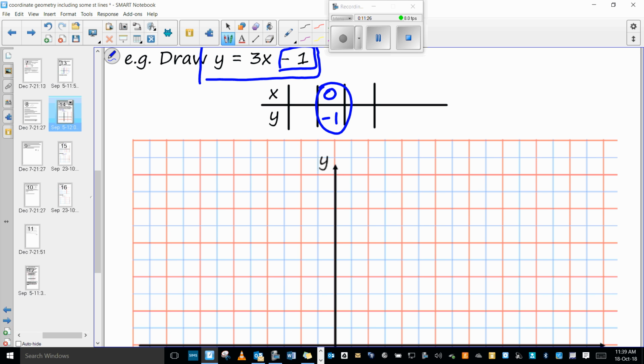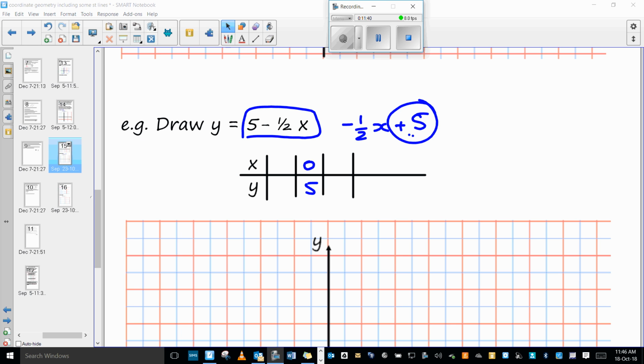Now I'm going to get you to have a look at another feature we've been looking at, gradients. Have a look at the gradients of those lines that you drew and tell me something about those. Have a look at those first, and then we're going to discuss that. All right, so we found that the gradients of the graphs all match whatever value is in front of the x.